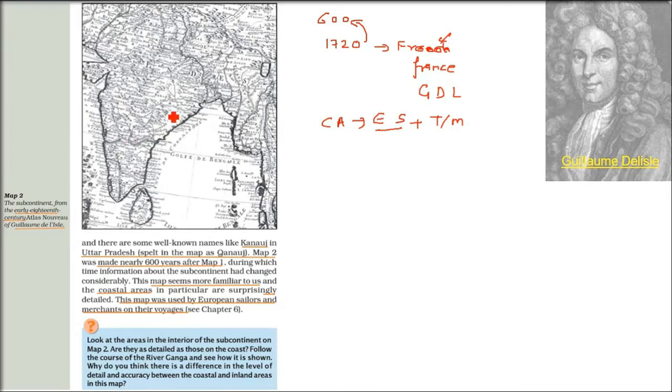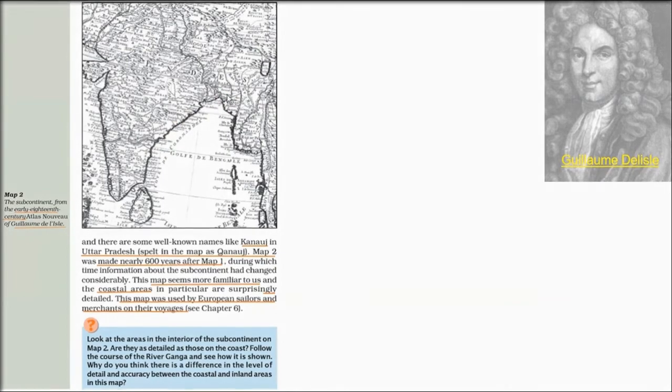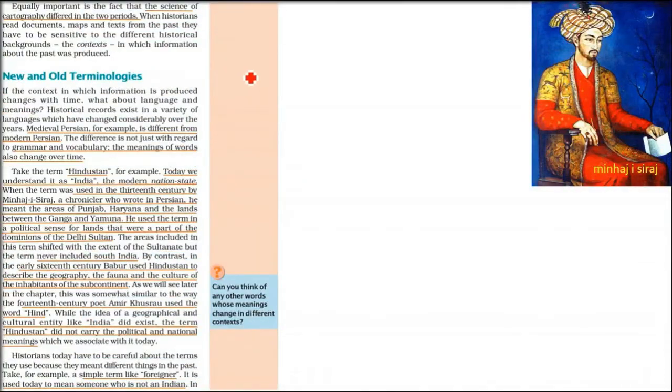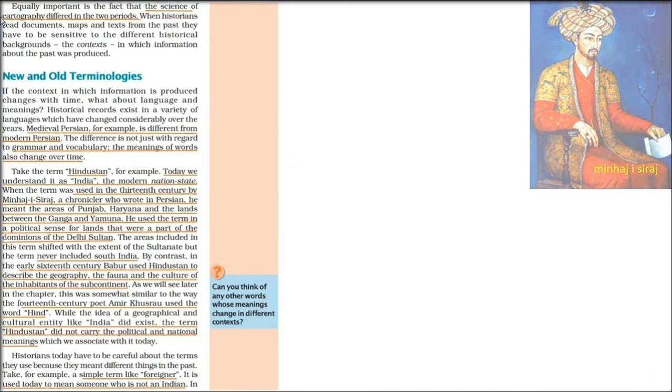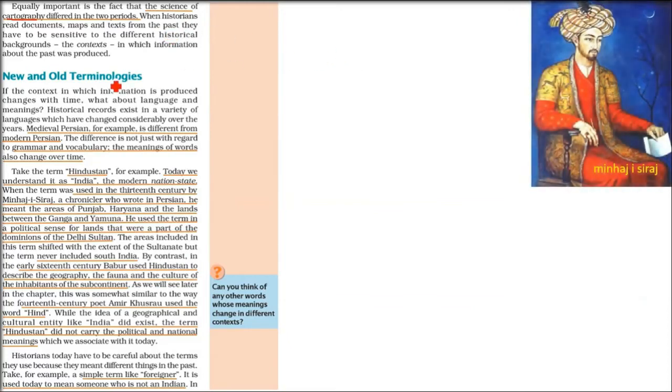This map was used and appreciated by the merchants and voyagers. As I said, the science of cartography, the art of map making, and the way maps were perceived and made were different, because advancement was there. So there was a change. That is how you see that Delisle was better.